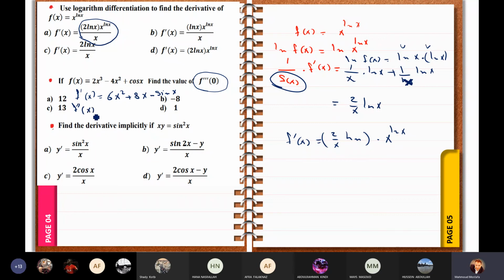Second derivative, 12x plus 8 minus cosine x. Third derivative will be 12 plus sine x. At x equal to 0, sine 0 is 0. So it must be 12.